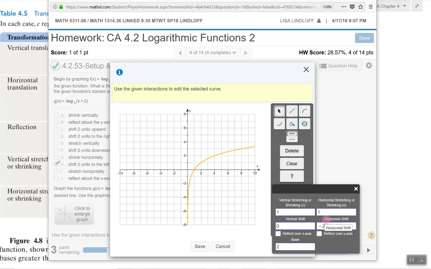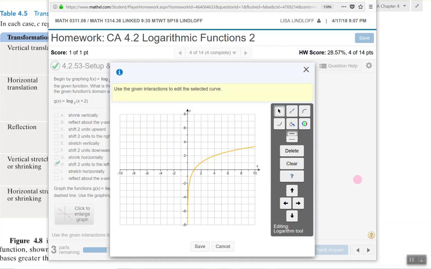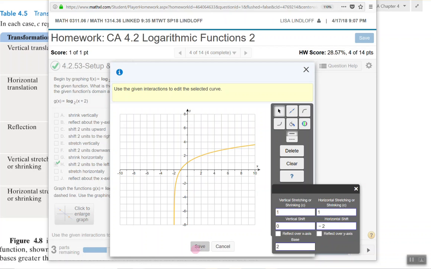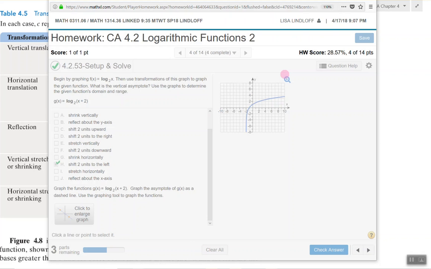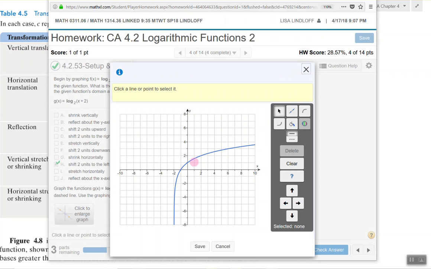There's no reflections. Now, it used to have an x-intercept here. Because of the horizontal shift, it went 1, 2 to the left.